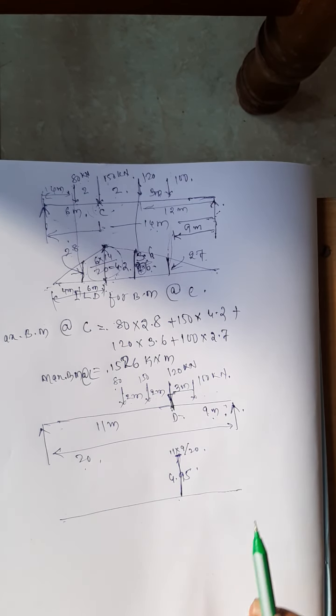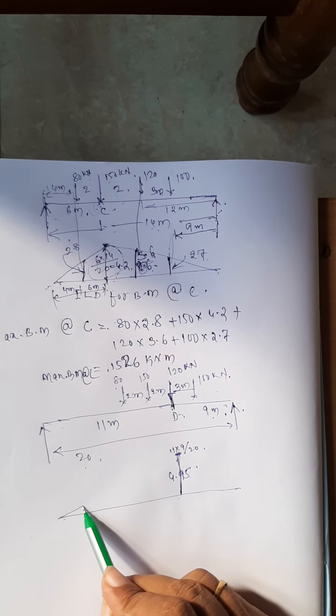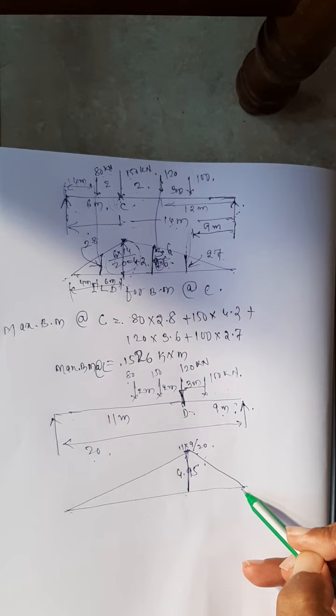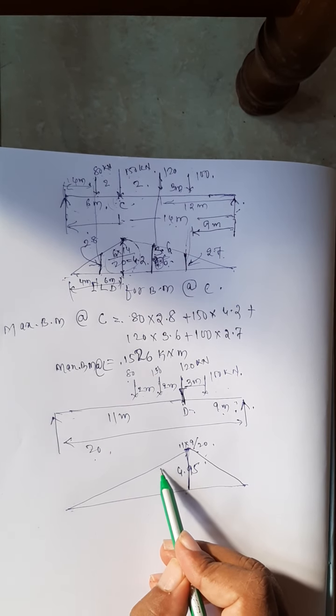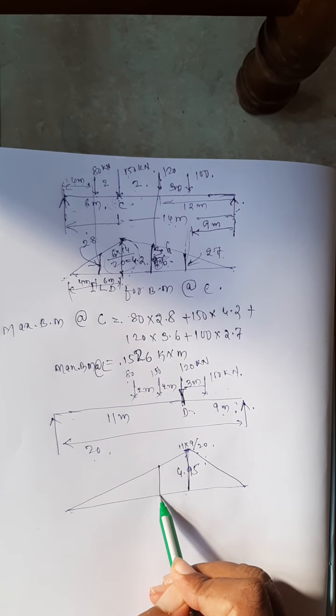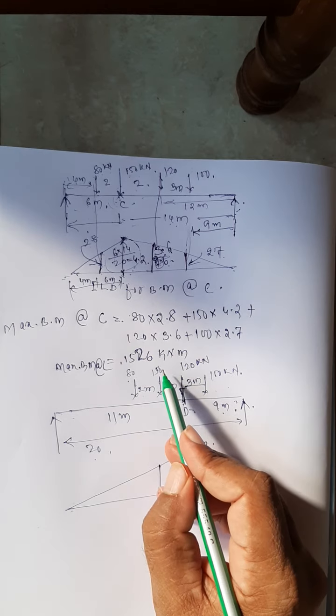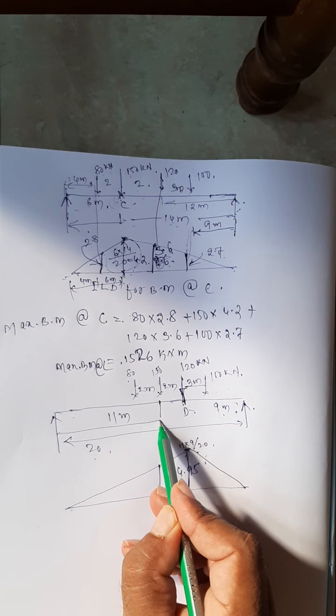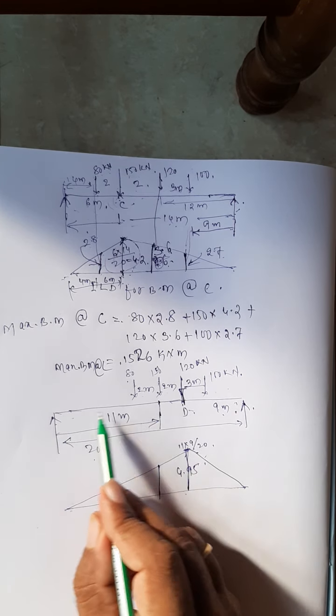Rest all is easy for you. Just complete this triangle. Calculate the ordinates of the influence line diagram for bending moment under 150 kilonewton. Where is 150 kilonewton? Just see the figure here. This total is 11.